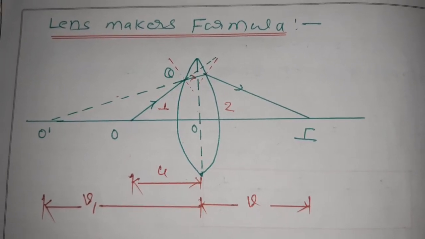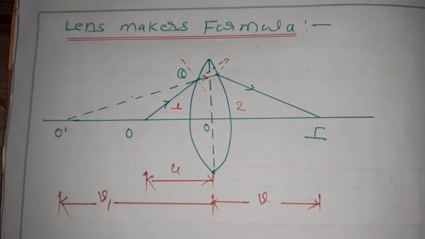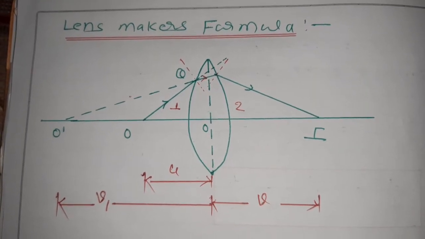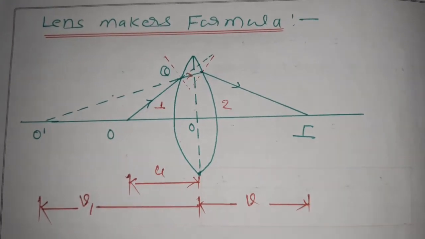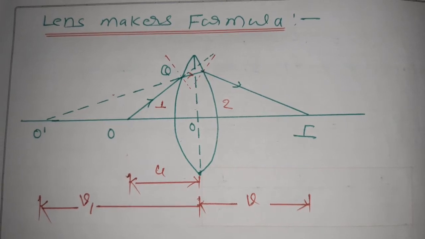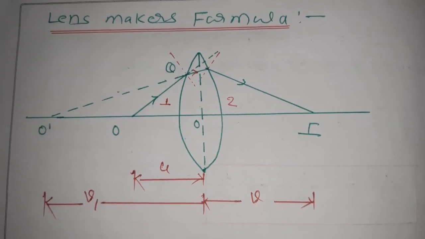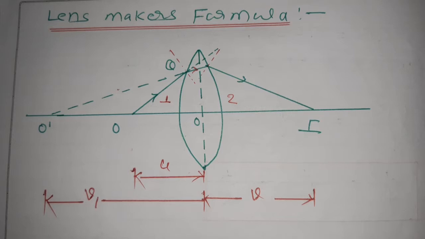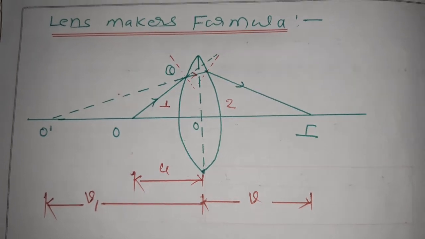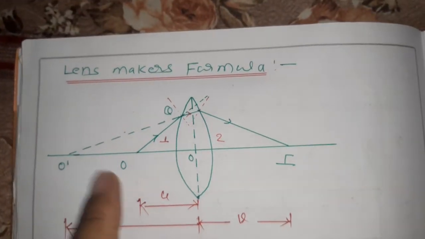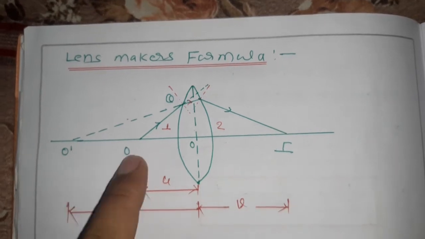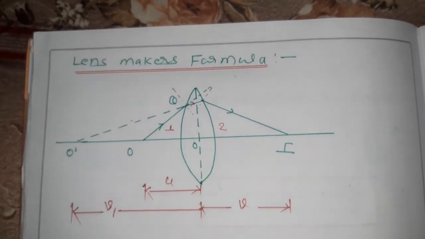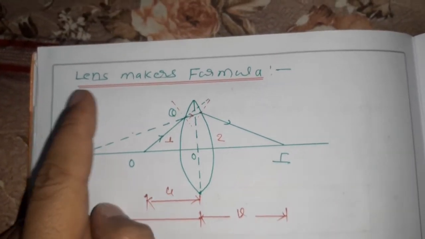Here we have one convex lens, and as we know the lens has two spherical surfaces. Here we have one point object at O in the rare medium.